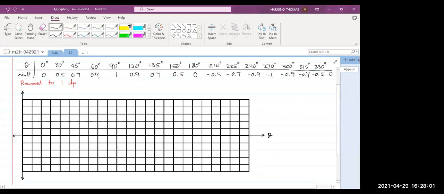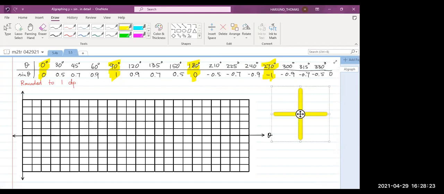Once you're done with that, notice that 0 degrees, 90 degrees, 180 degrees, 270 degrees are quadrantal angles. Those are angles on the x and y axis if you draw the unit circle.